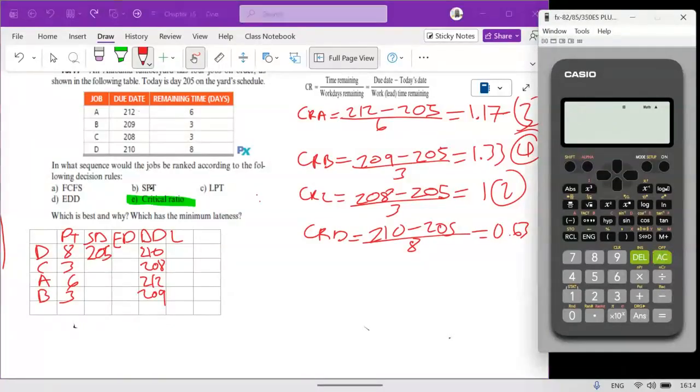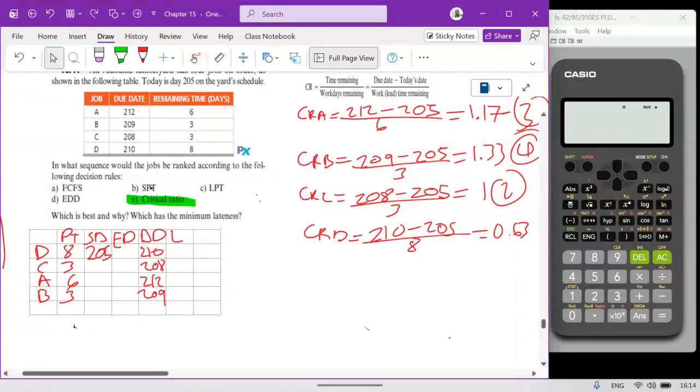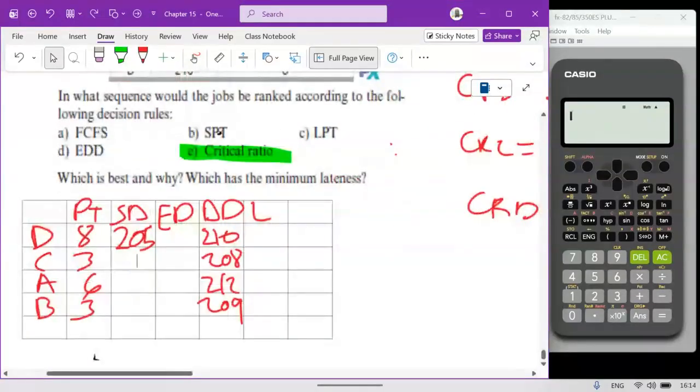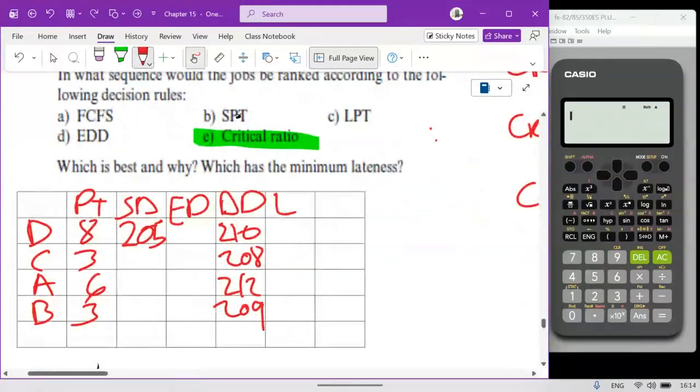It goes to 213, right? Now you zoom nicely so that I can understand what I'm doing. 213, then this one becomes 212. Okay, perfect.